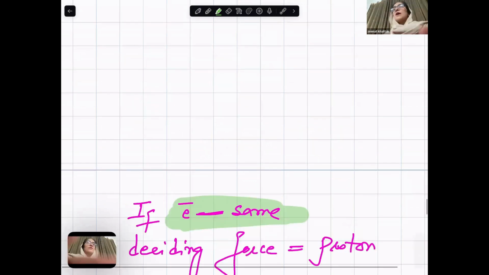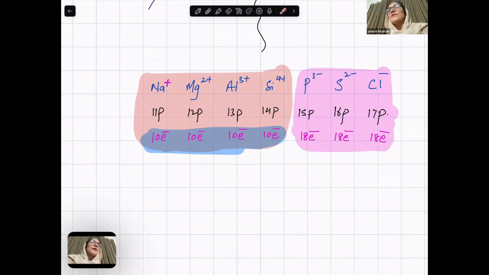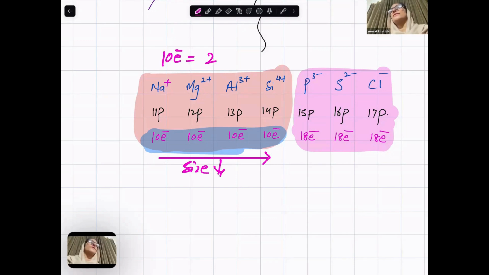Now look, are the electrons same? Does the proton increase, attraction increase? Of course. Size decreases. Why does the size decrease? Because the protons are getting more, the attraction is getting more. These are 10 electrons, 2 shells. And these are 18 electrons, 3 shells. So what is going to happen?